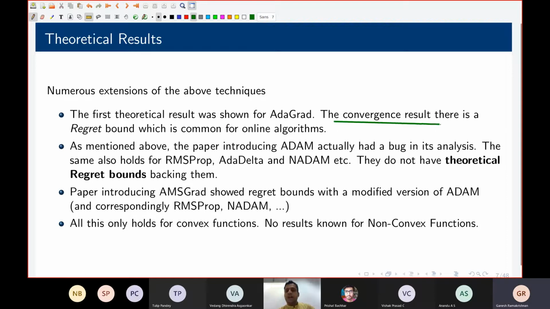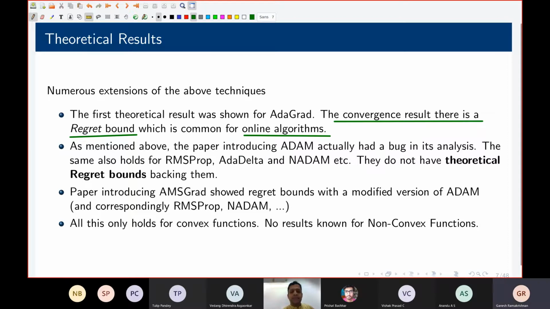Convergence results are what we're not covering, but there's this entire idea of looking at an adversarial example. What would happen if you had access to the true model parameter as against the model learned for this adversarial example? That's based on regret bound, which is very common for online algorithms. Again, this is not going to be covered in the class. I'll just run through it.